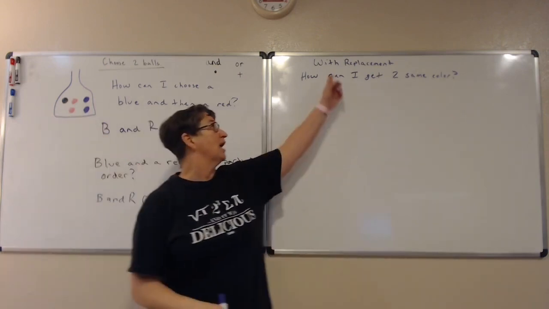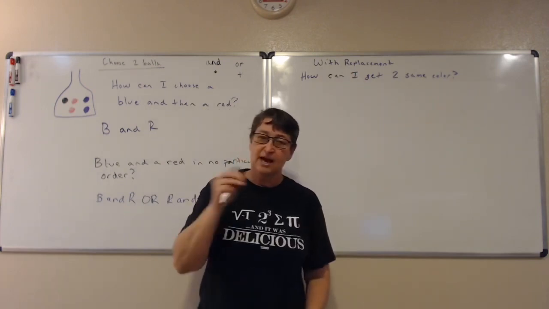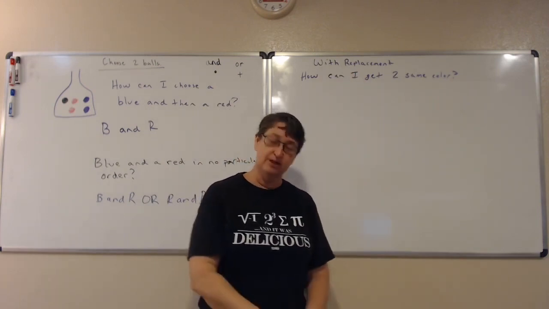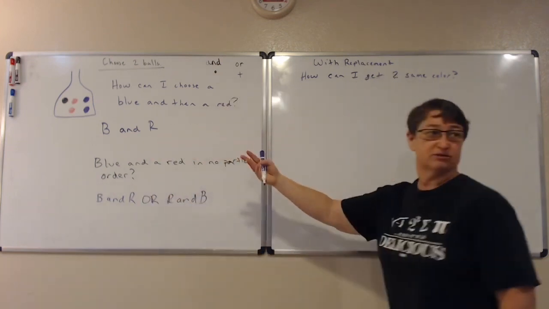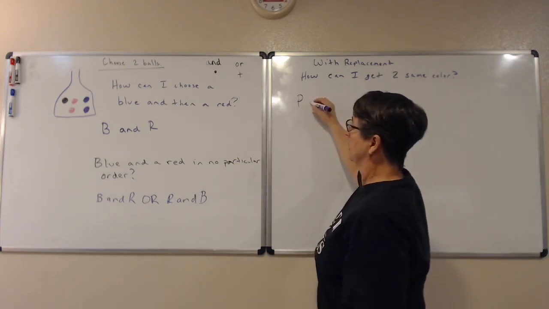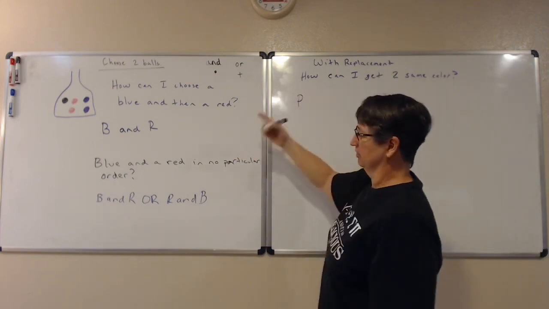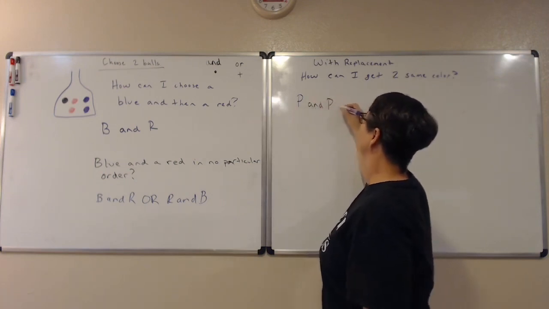So let's start by doing it with replacement. In other words, I'm going to take out a marble, look at it, and then put it back in the population, and then take it out again and look at it. Well, in that case, there are three different colors. I could get a purple. I was calling them blues earlier. Oh well. A purple and a purple.